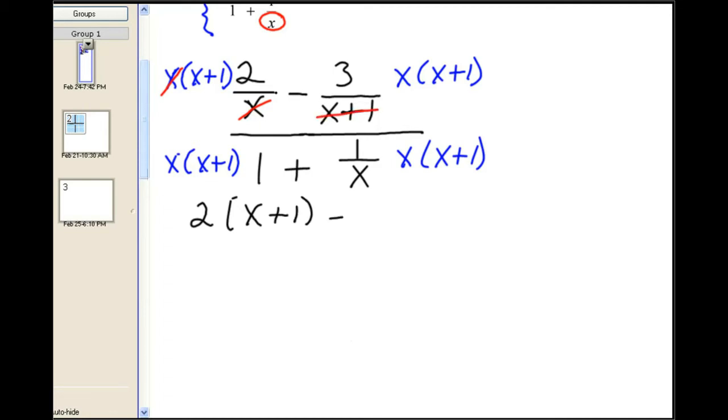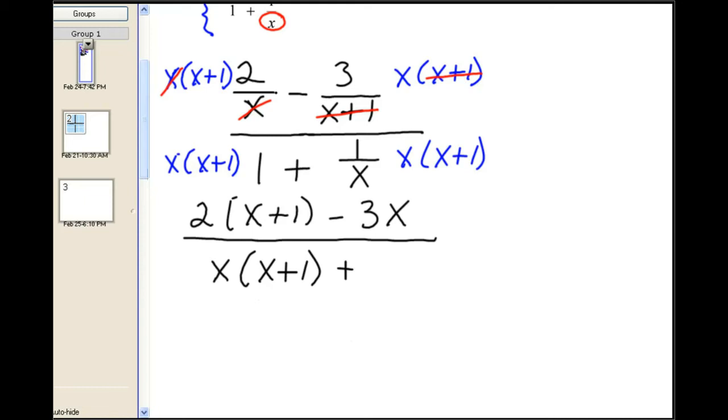Then we see the x plus 1 cancels, and we're left with 3x over. Nothing will cancel in this first term in the denominator, so you have x times x plus 1 plus, here we see in the second term of the denominator, the x's cancel, and you're left with x plus 1.